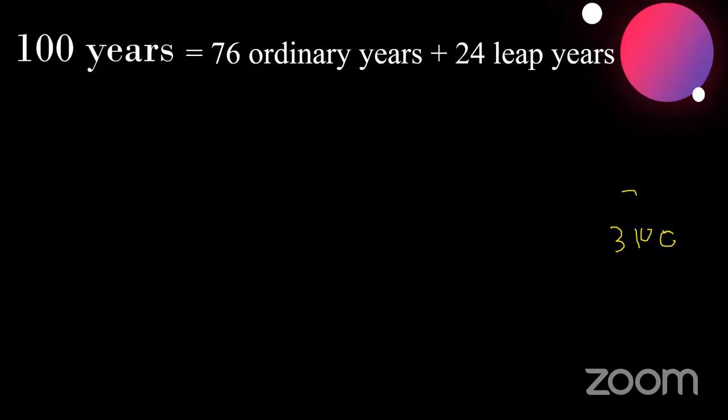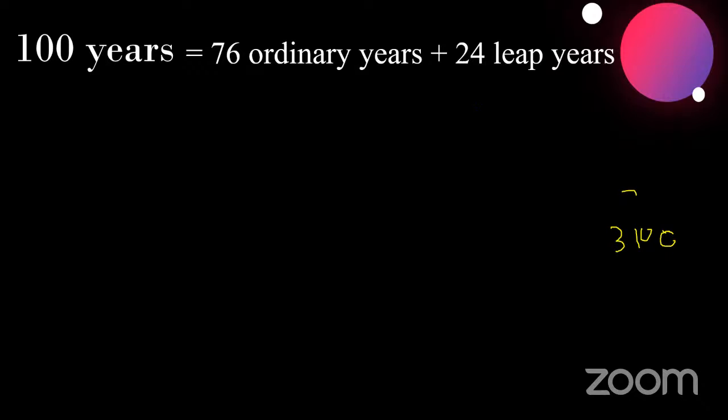Why? If you take the 100th year, the next number will be the next year. In the next year, we will again have the ordinary year's days, right?